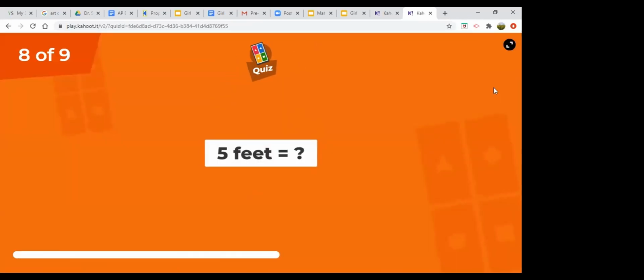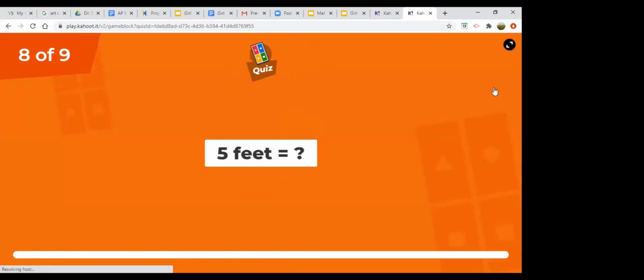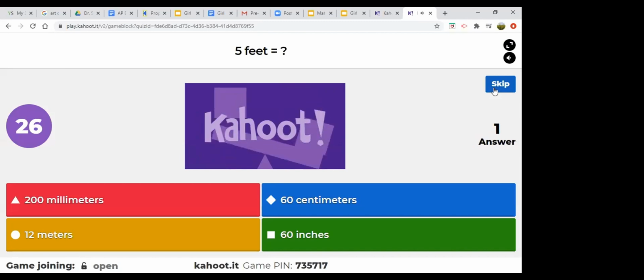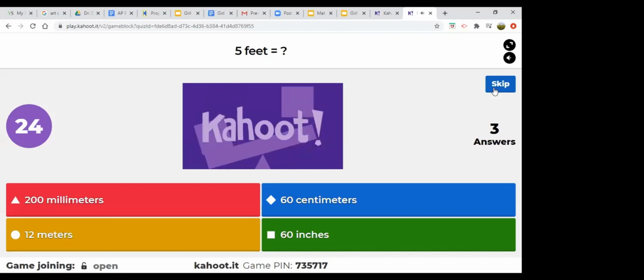Unprecedented. 5v equals, I don't know. I can't see. Wait, what is this gibberish?